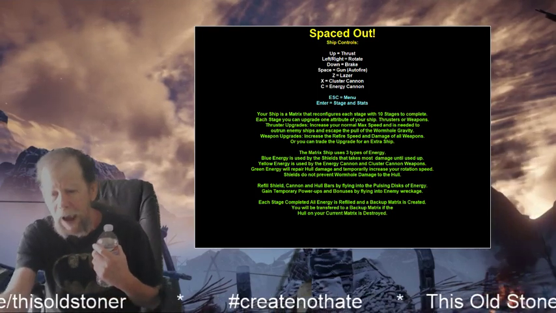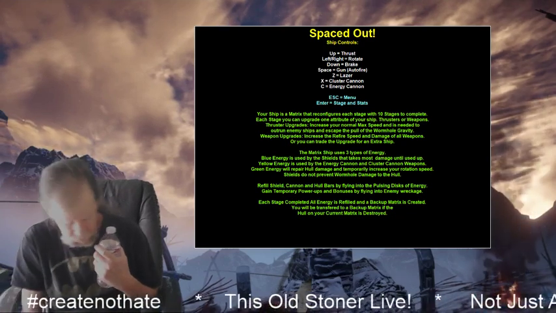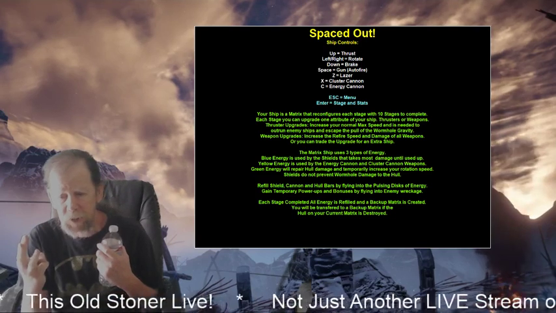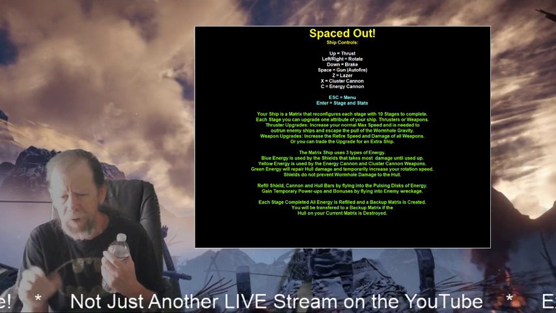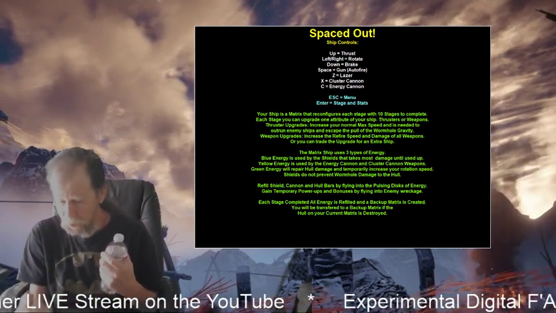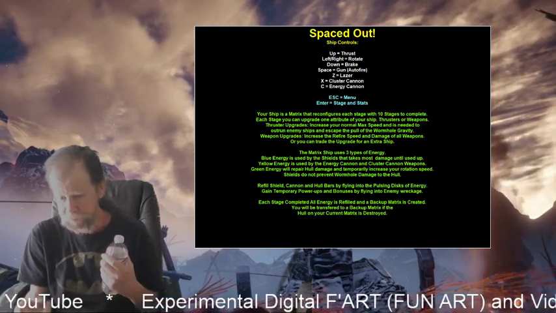And then you have 3 different types of energy. I get pretty wordy, so I could go blah, blah, blah, and read all this stuff to tell you about what your ship is. But basically, there's 3 types of energy. I called it triplexion: green, blue, and yellow.